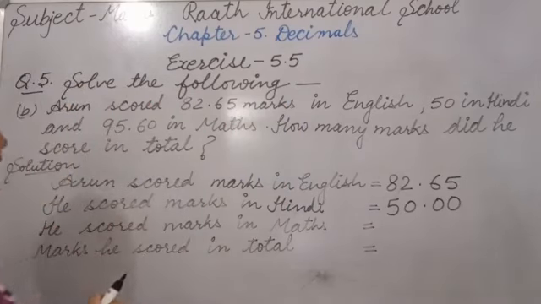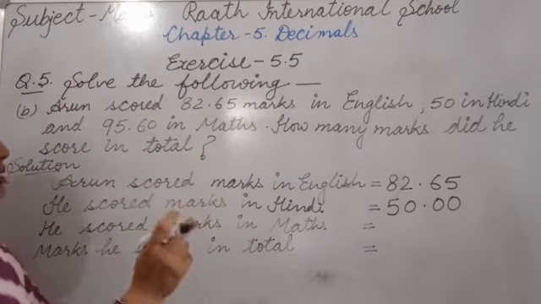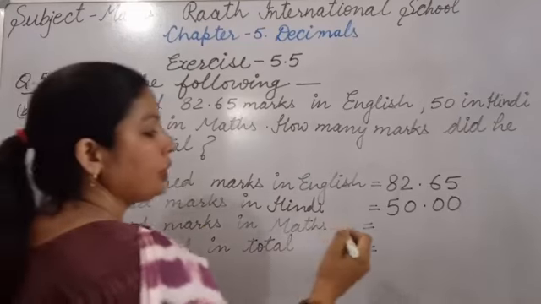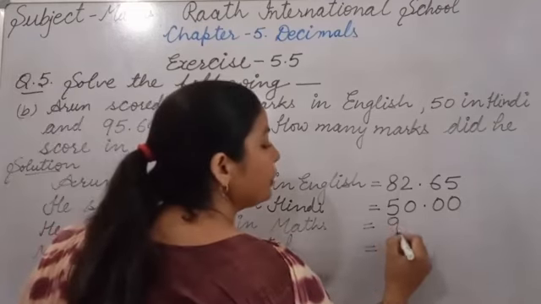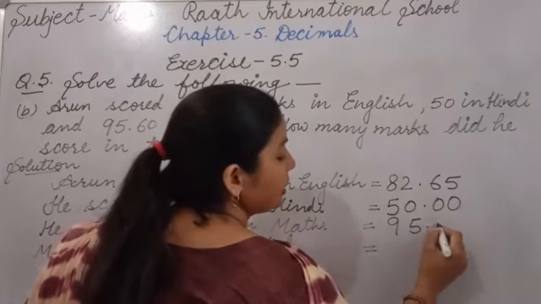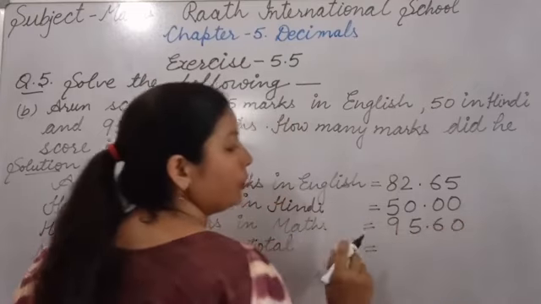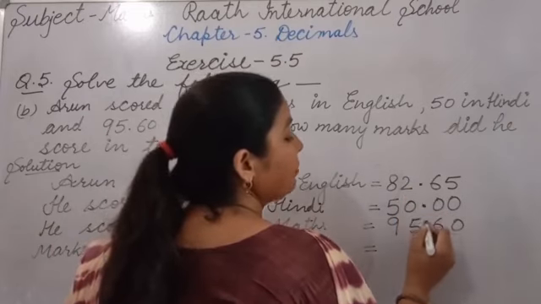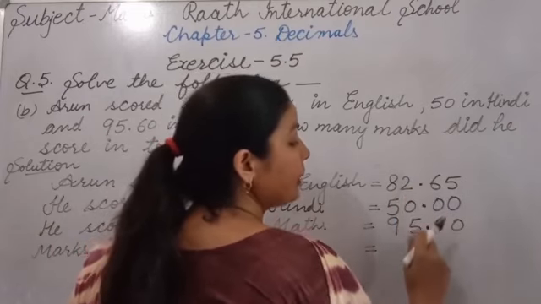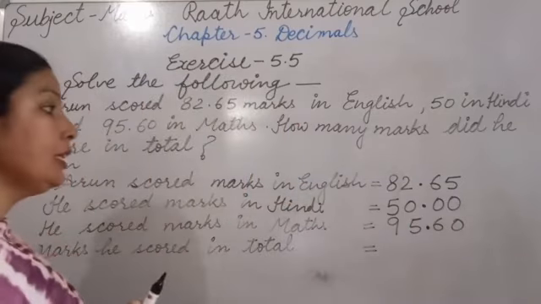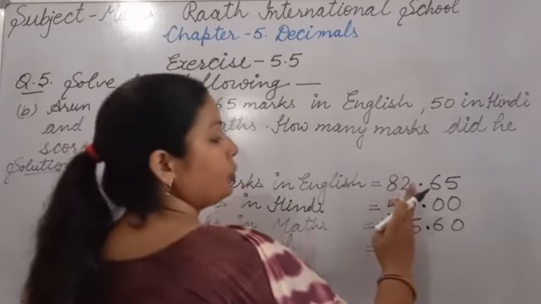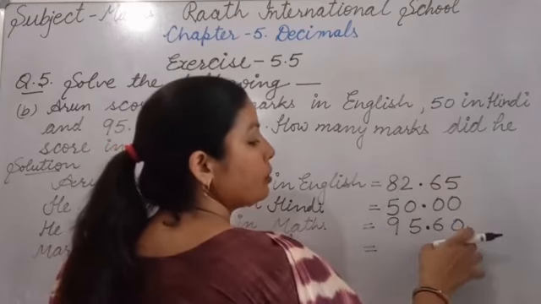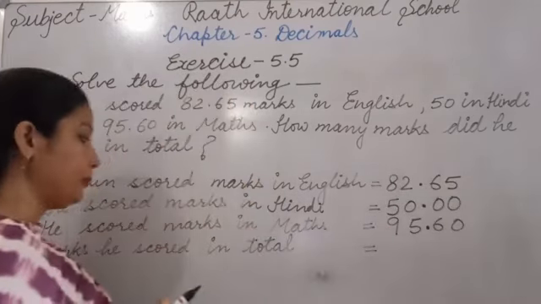Next after that he scored marks in maths. In maths how much? 95.60. So we write here 95.60. Okay. You can see that the points are up and down. The points should not be shifted forward or backward, they should be exactly up and down, in one line. The whole numbers you will arrange up and down, and the fractional numbers also you will arrange up and down.